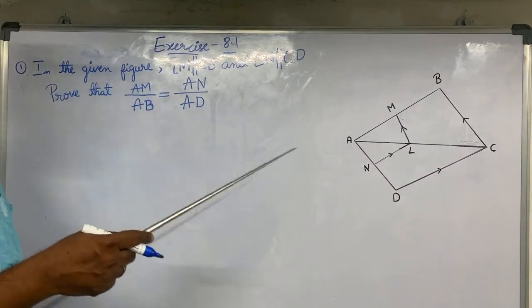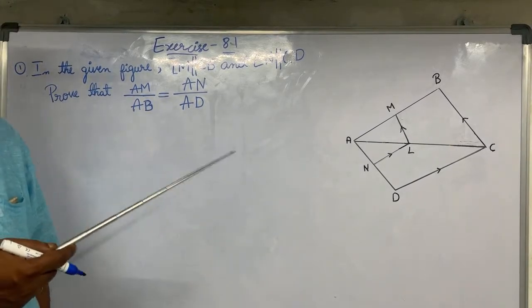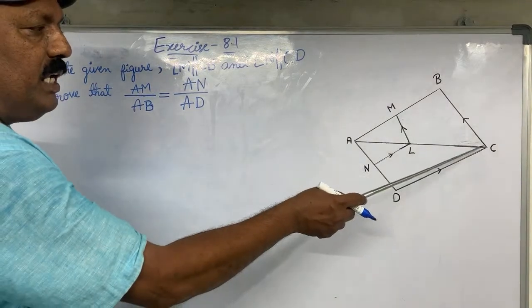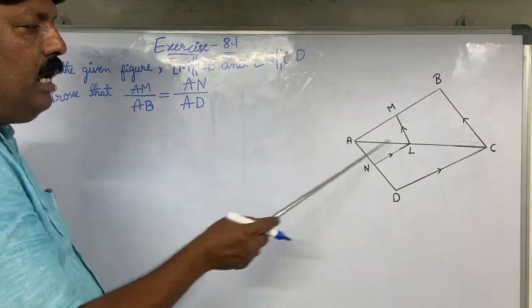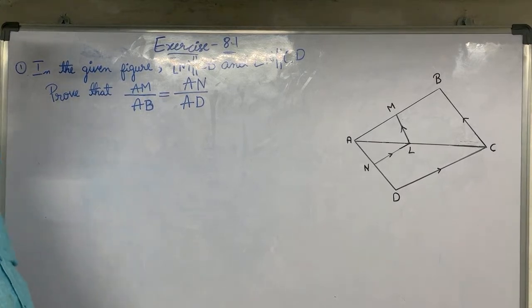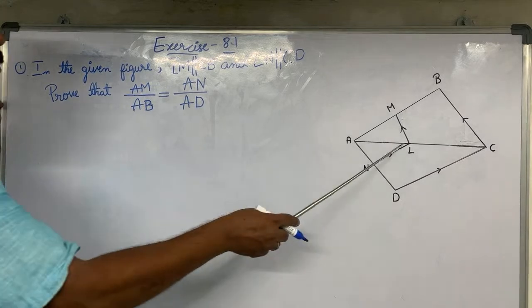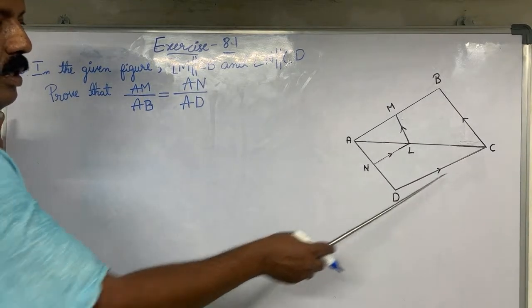That means the basic proportionality theorem is applicable here. So if LM is parallel to BC, immediately the ratios AM by MB and AL by LC result. And you can see what is said in the given figure: LM is parallel to the BC side and LN is parallel to the CD side.